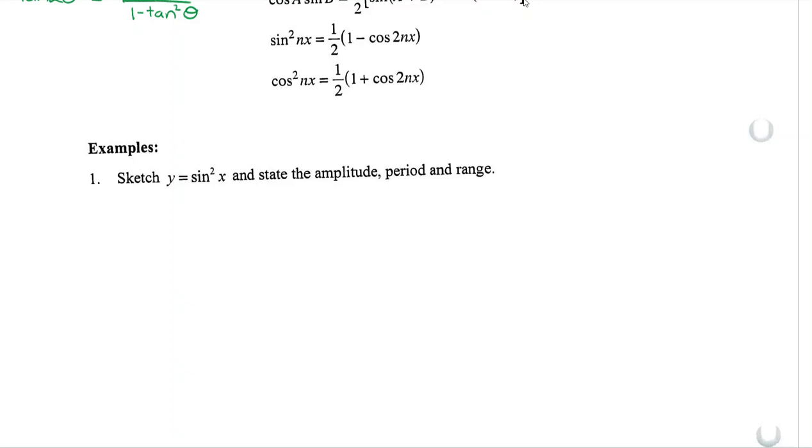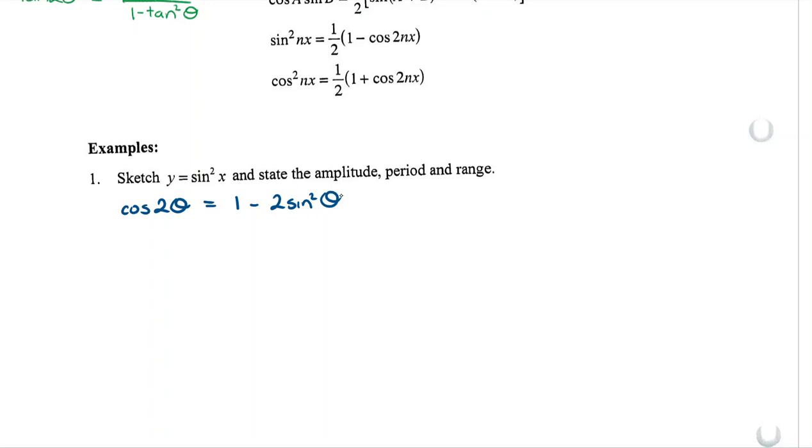So let's have a look at that rule, which is cos of 2 theta, if I use the double angle formula, that is equal to 1 minus 2 sine squared theta. Okay, that's just copying down my double angle formula for cos.